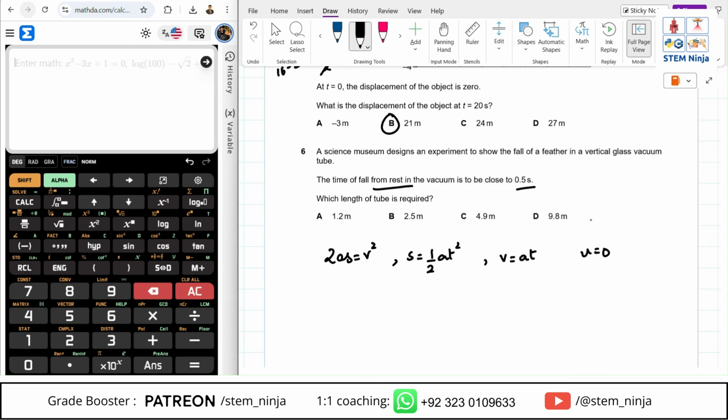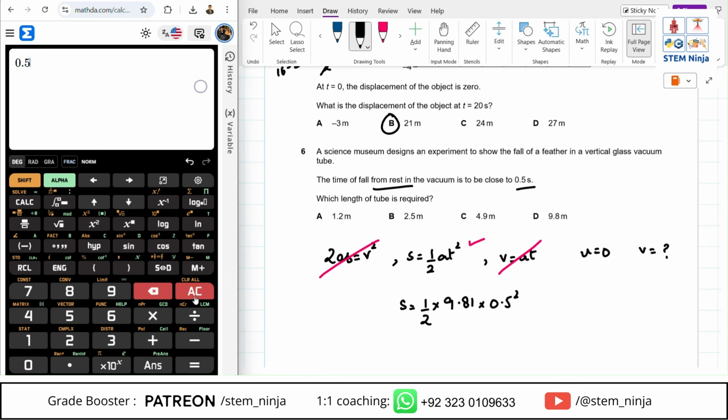However, we don't know the final speed. So that means we cannot use these. This is the only equation that makes sense over here, because we need to find out length, we know acceleration, we know time. So s would be equal to half times 9.81 times 0.5 squared.